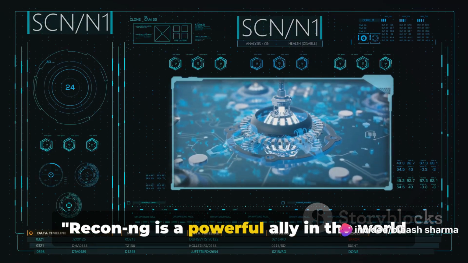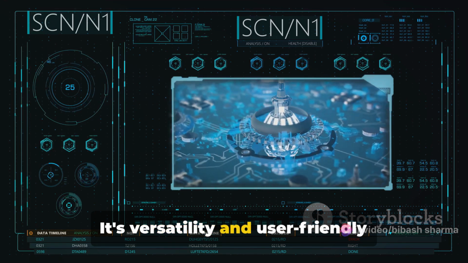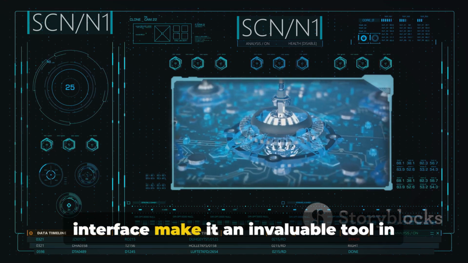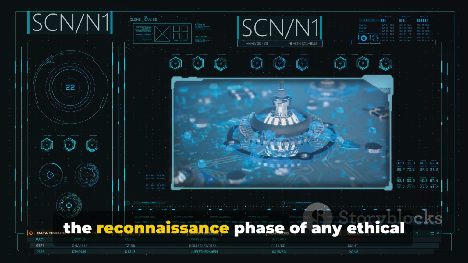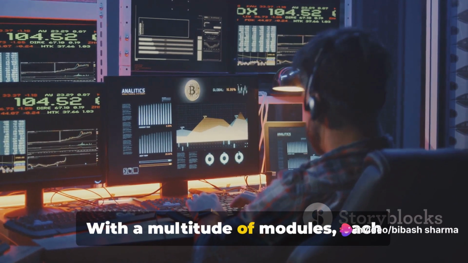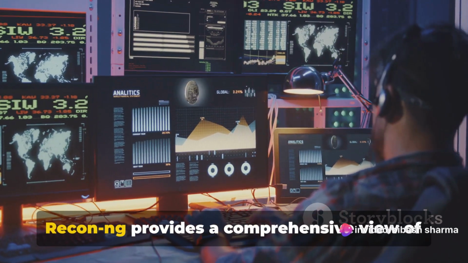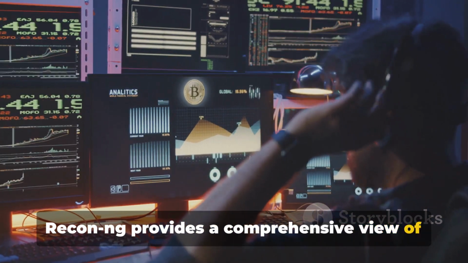Recon-ng is a powerful ally in the world of ethical hacking. Its versatility and user-friendly interface make it an invaluable tool in the reconnaissance phase of any ethical hacking endeavor. With a multitude of modules, each designed to gather specific information, Recon-ng provides a comprehensive view of your target.